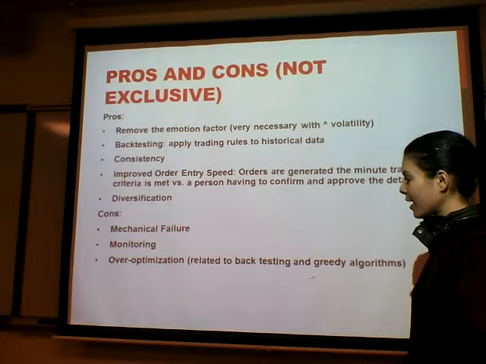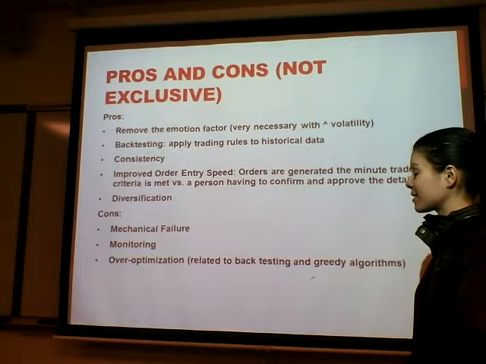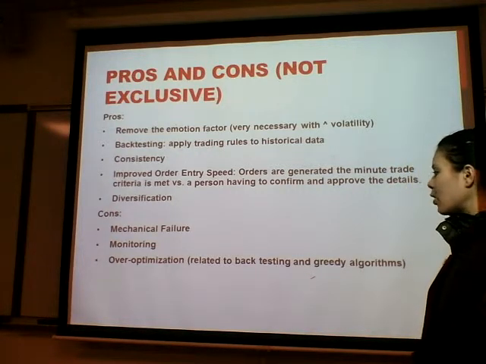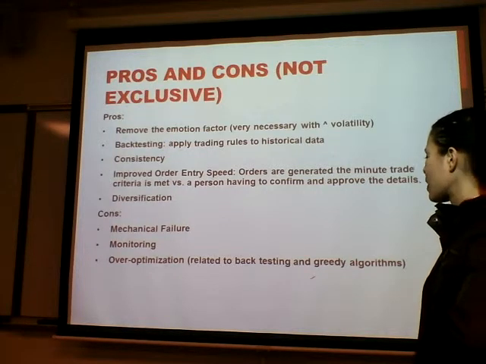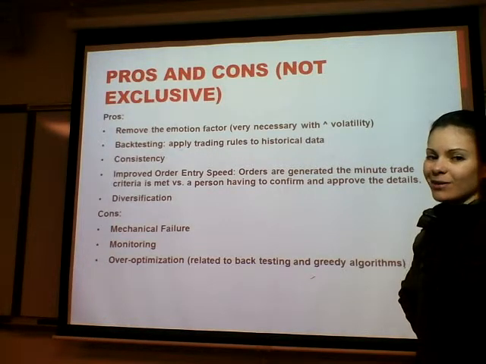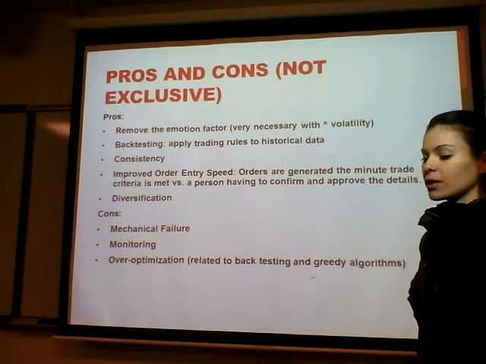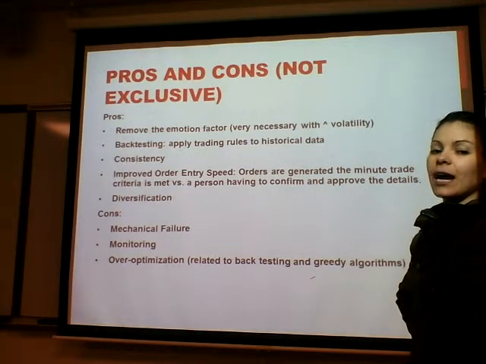And additionally, you have one other con that speaks to that, which is over-optimization. It's related to backtesting as well. You can remove the emotion factor, but the people who make the models also have an emotion factor, and so you might find someone trying to optimize a model way too much because they want to seek higher gains.